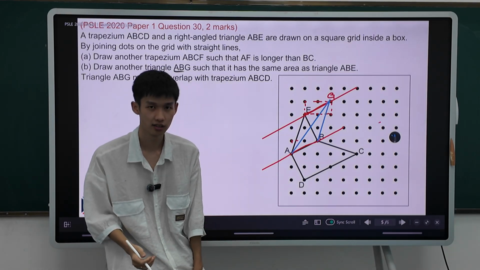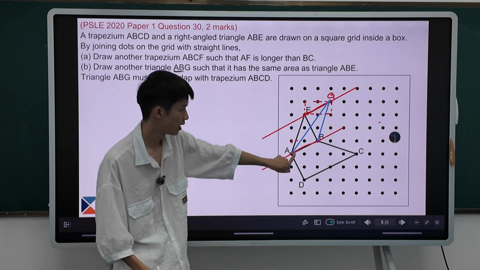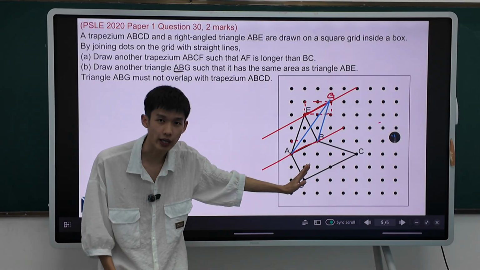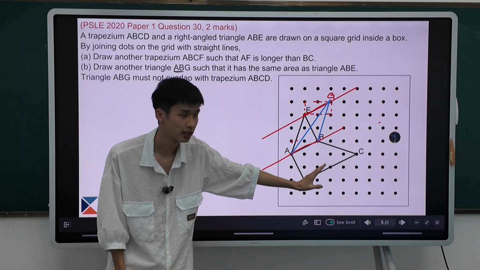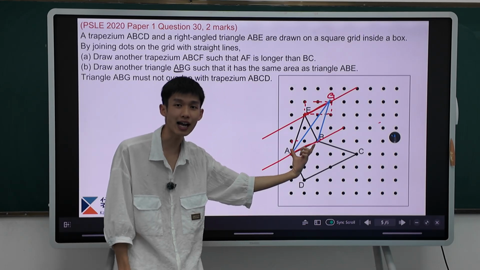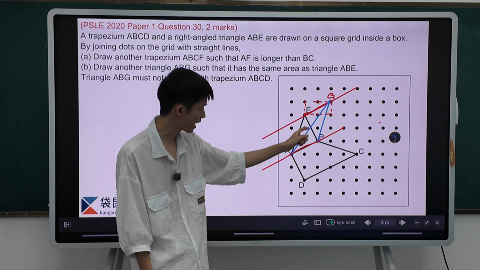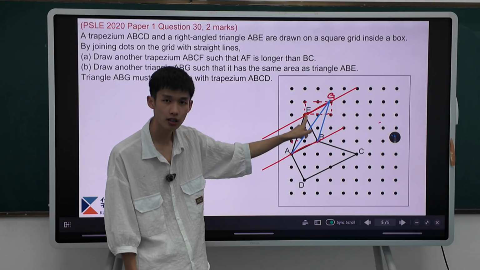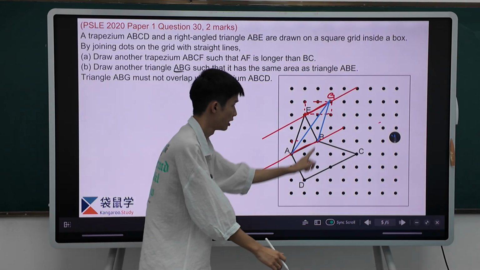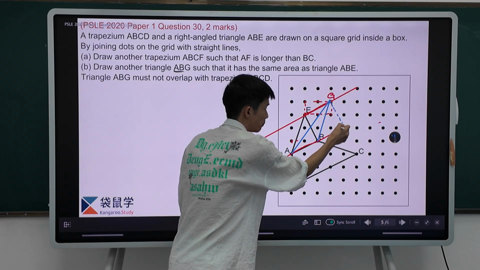So let's visualize. We have ABE and ABG. The base we have is which base? Yes, it's AB. They both have the same base. And the height they have is from where to where? The height of ABE is EB, the right angle. And for G, to find the height, we draw a perpendicular to the base.